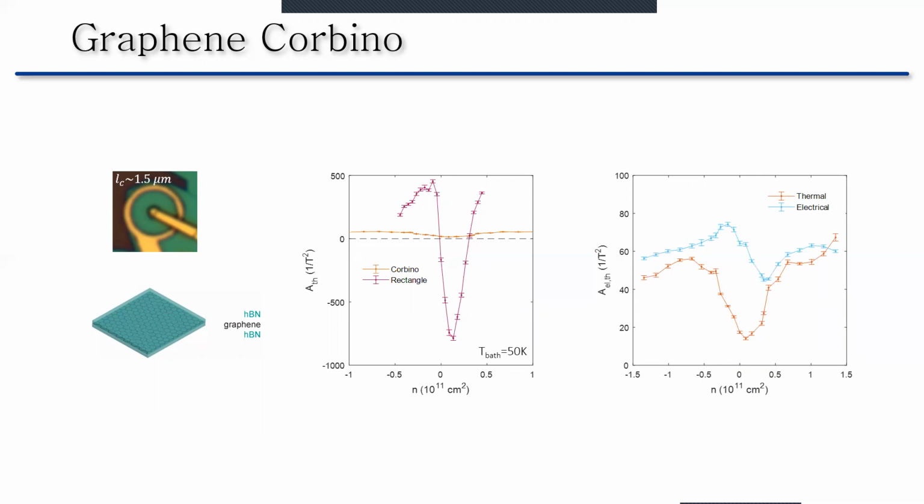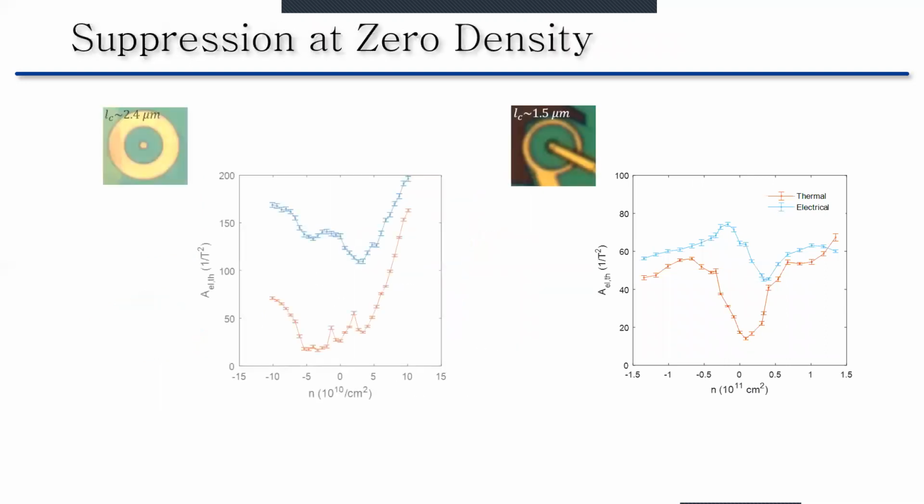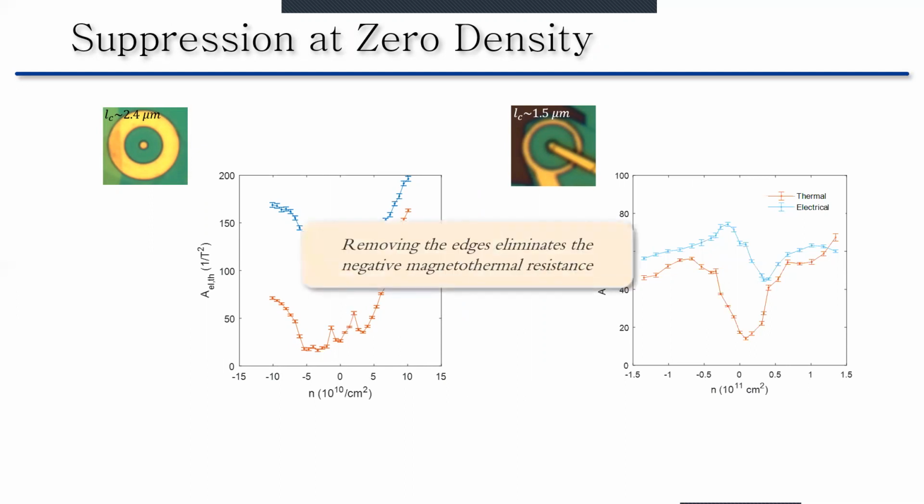The thermal one, on the other hand, has a suppression happening close to zero density. And we've seen this already in a second device: for this particular temperature, it stays positive, and there's a suppression in the thermal curvature compared to the electrical curvature. So, tentatively, we can say that removing the edges eliminated that negative magnetothermal resistance.